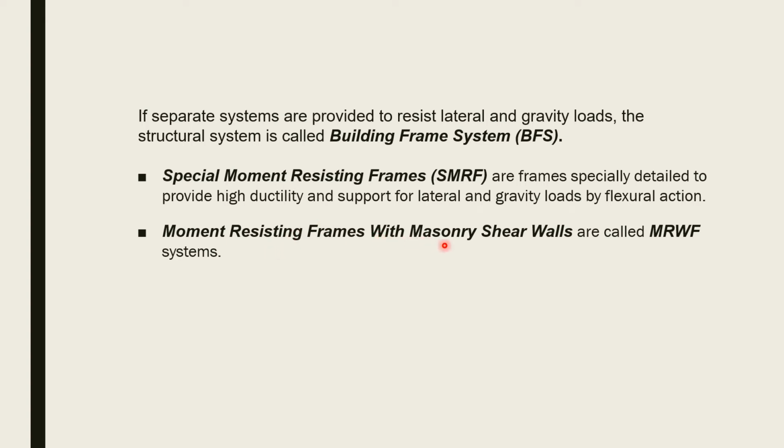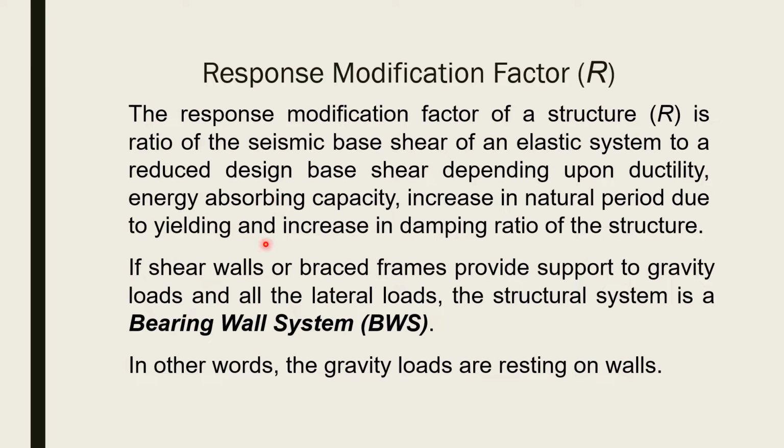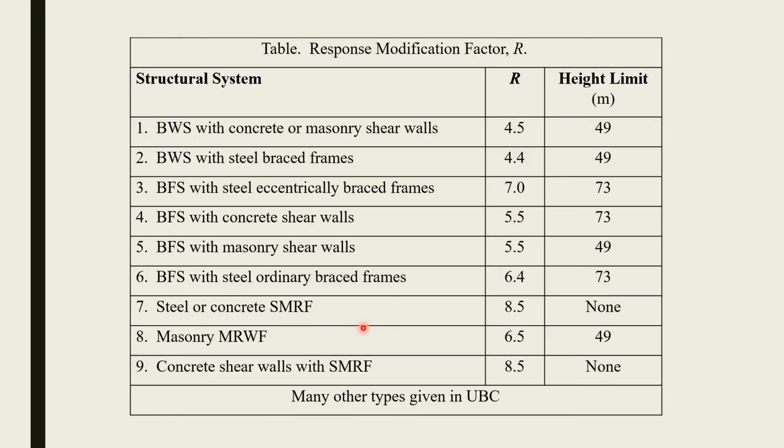Moment resisting frame with masonry shear walls is called an MRWF system. That is the abbreviation. Dual systems are those in which more than one system is used together, maybe a special moment resisting frame with a bearing wall system. Here is the response modification factor.